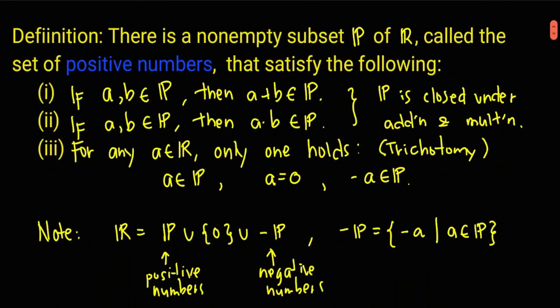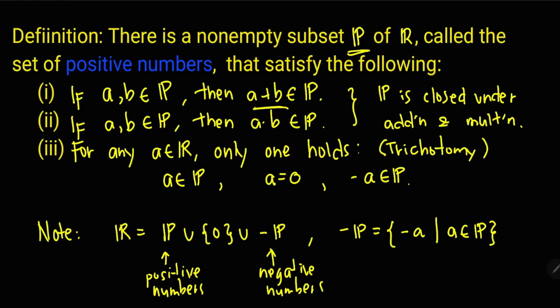So we begin with the definition of the set of positive numbers. There is a non-empty subset P of the set of real numbers, which we will denote by the blackboard letter P. This is called the set of positive numbers, satisfying the following. If we have two positive numbers A and B, then the sum is also positive.